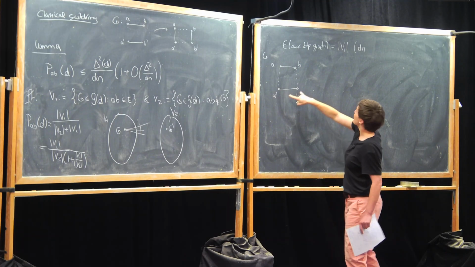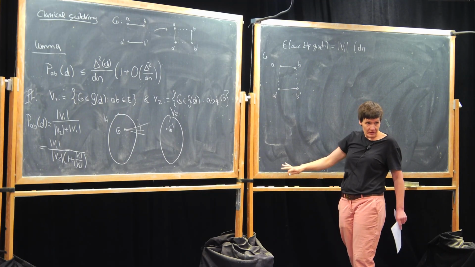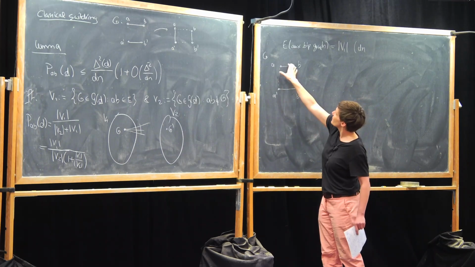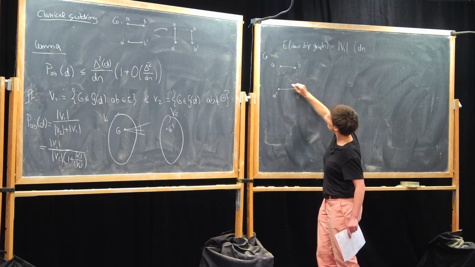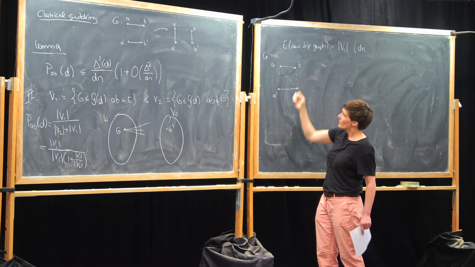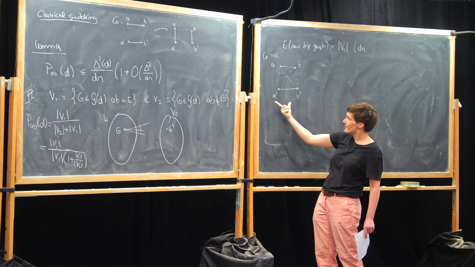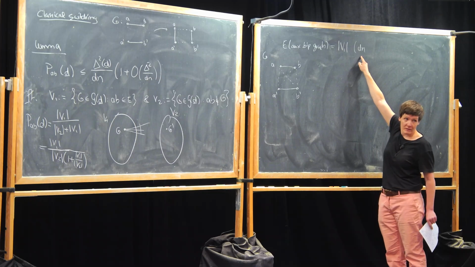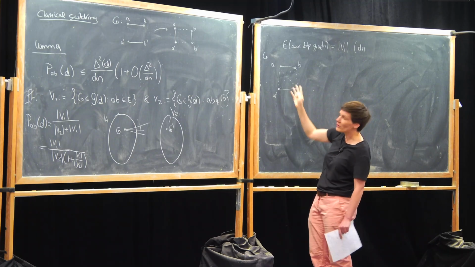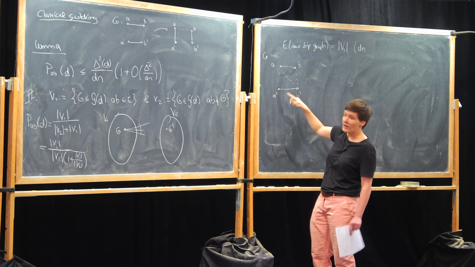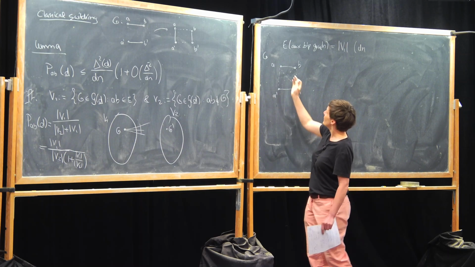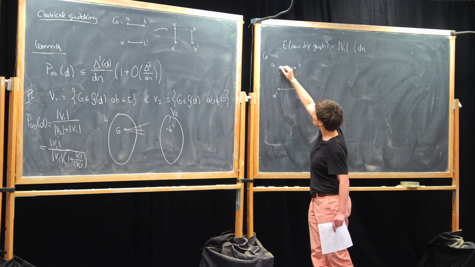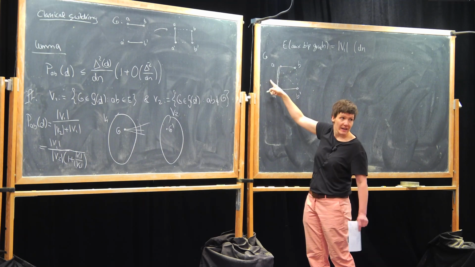Well, there are D times N over 2 other edges, but I can either do that switch this way around, or I might be able to do it this way around. So in order to pick this A prime, B prime with an ordering, it's D times N. But I cannot pick an arbitrary edge because I don't want to create something that is already an edge, right?